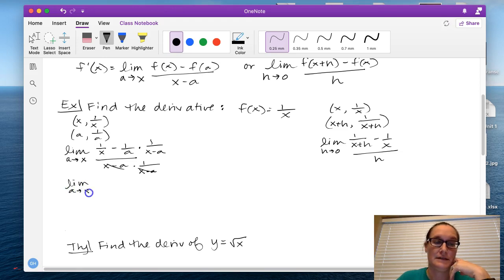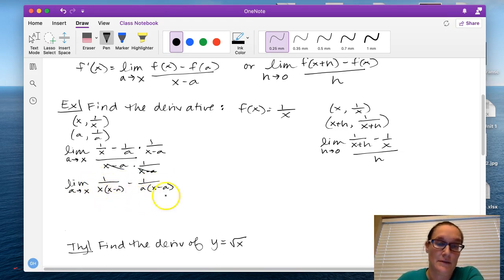So we have the limit as a goes to x. I'm going to distribute that to the numerator. So we're going to have x times x minus a minus 1 over a times x minus a. And then we want to get a common denominator. In the h version, our first step would be to multiply by 1 over h on top and bottom and then get a common denominator. So same set of steps.